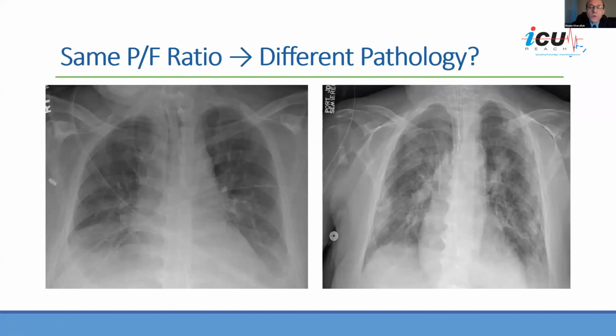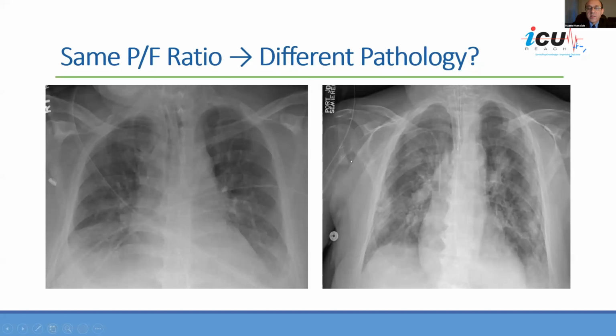We've seen also that the same level of severe hypoxemia is manifested with two different X-ray manifestations. On the left side, this is a patient with a severe PF ratio, less than 200.